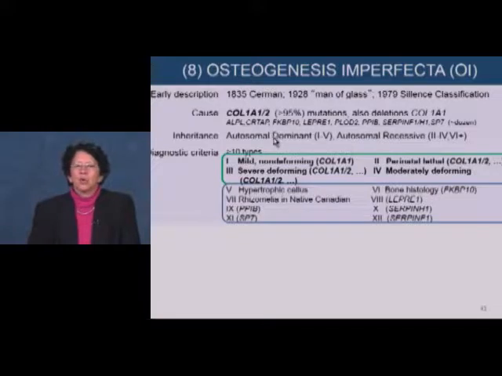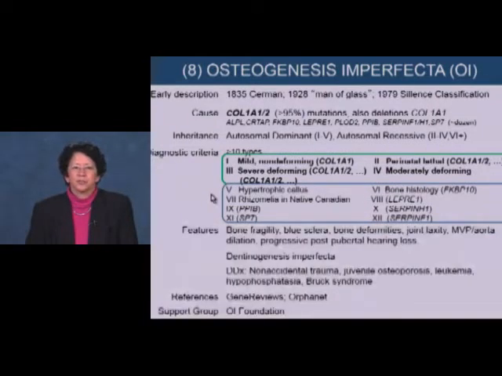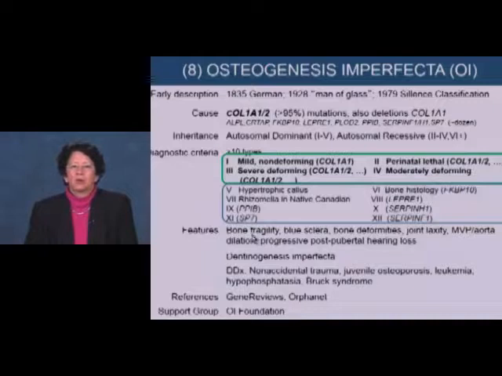And they can be autosomal dominant or also recessive. So you absolutely have to be working with a knowledgeable geneticist and genetic counselor. But the common themes are bone fragility, blue sclera, bone deformities, joint laxity. Mitral valve prolapse is not too common. The aortic dilation is actually not completely well defined.